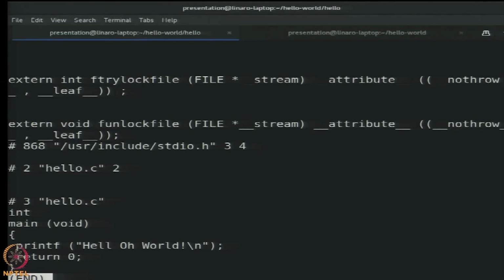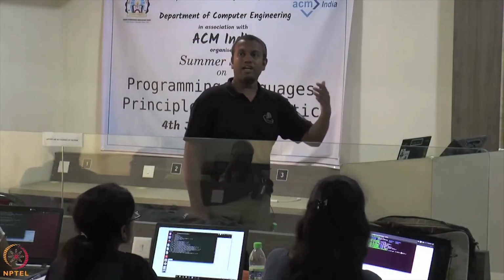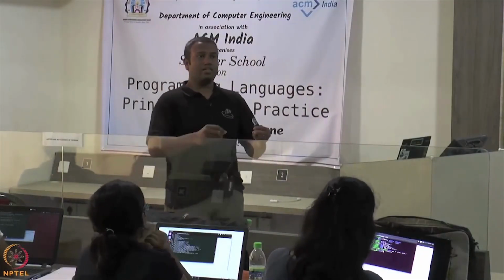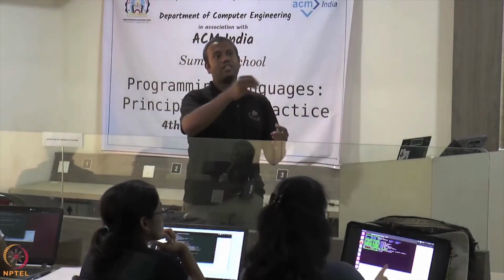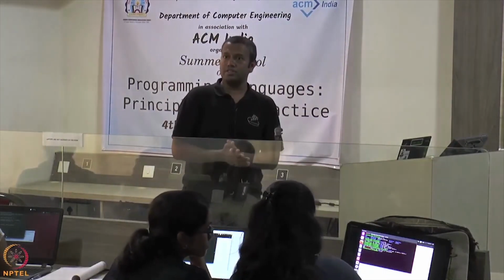And what did we need all of this for? Why did we need stdio.h? For printf, right? For the printf declaration, so that we can tell the compiler that I am calling this function printf, and the function has the following parameters, and this is what it returns, right?